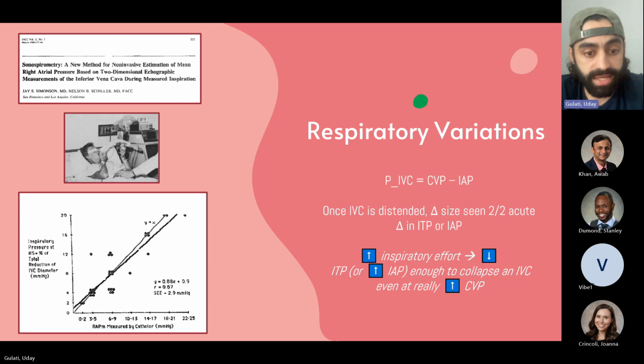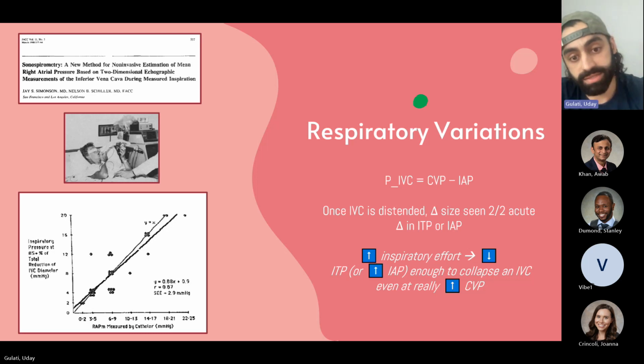The idea is that you are getting pressure from your right heart into your IVC, and that's going backwards, and that diameter and respiratory variation down your IVC can correlate with this.